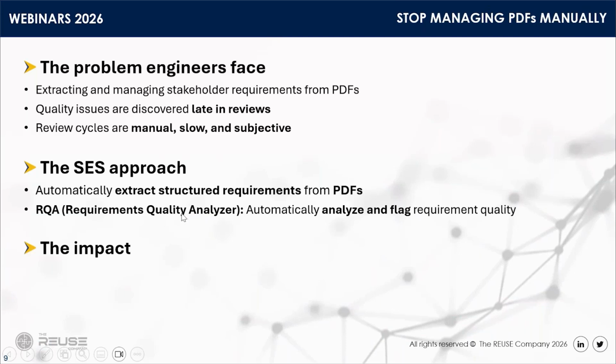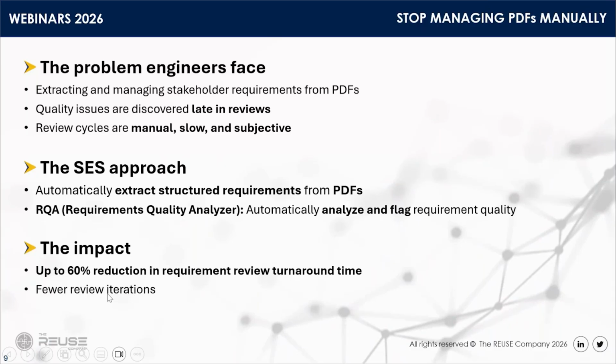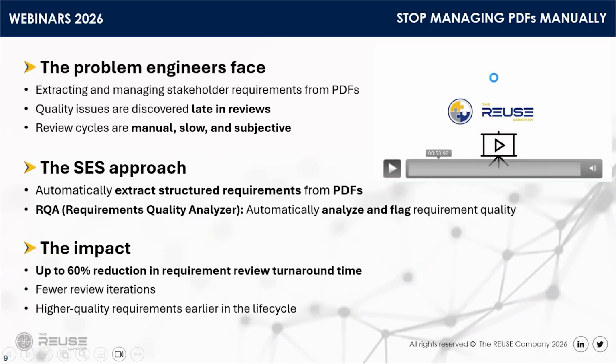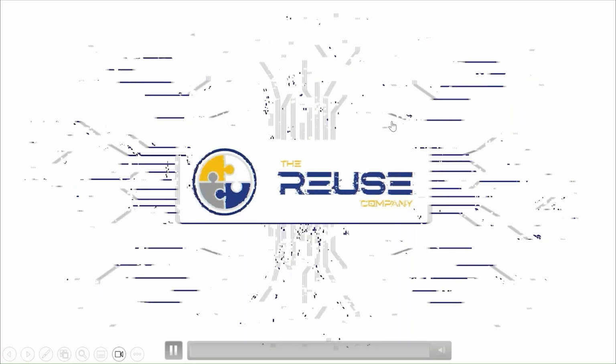The impact of implementing this approach is a 60% reduction in requirements review turnaround time. Second is fewer review iterations. Third is higher quality requirements earlier in the life cycle. I would like to demonstrate how these impacts are actually seen in a real project. So with that, let's move towards a video.